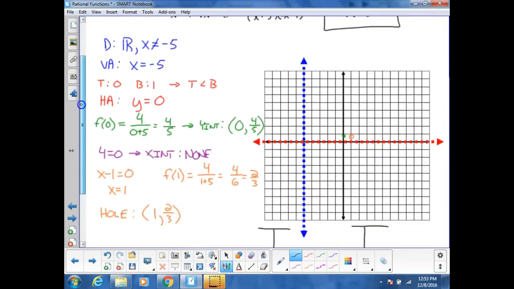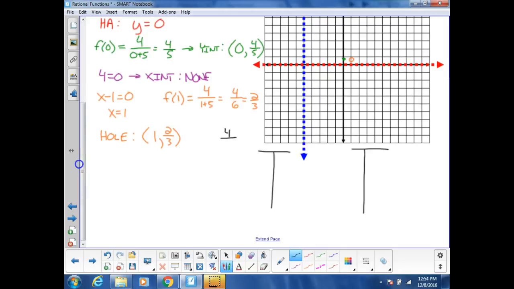What's my function? 4 over x plus 5. So I need -6, -7, -10. -6 is going to be 4 over -1. That's -4. 1, 2, 3, and 4. -7 is 4 over -2. That's -2. -10 is 4. Actually, here, let's be smart. Let's go -9. 4 over -4.